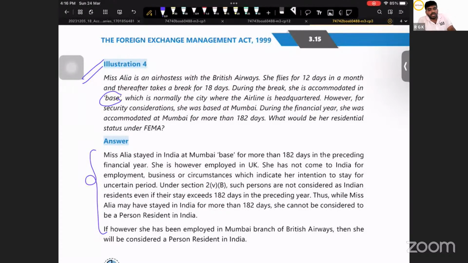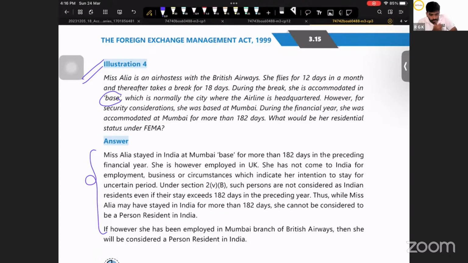Miss Alia stayed in India at Mumbai base for more than 180 days in the preceding financial year. She is, however, employed in UK. She has not come to India for employment, business or circumstances which indicate her intention to stay for an uncertain period.